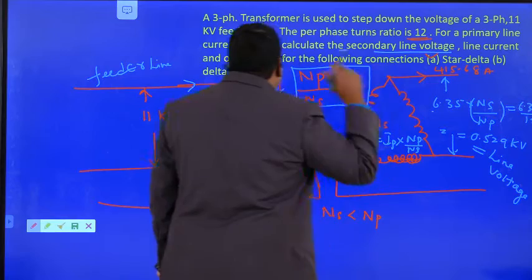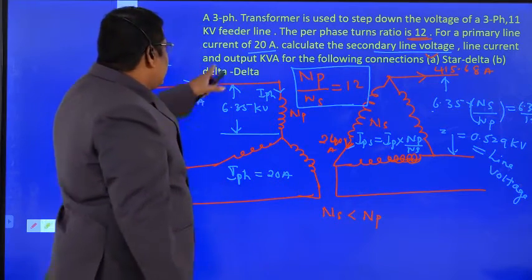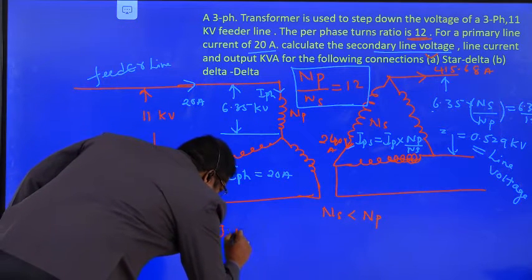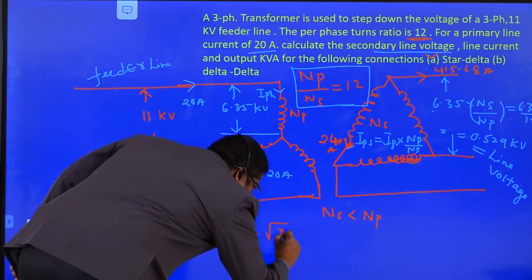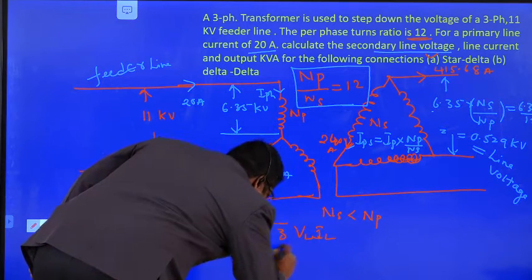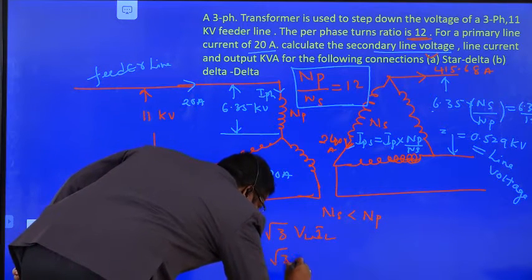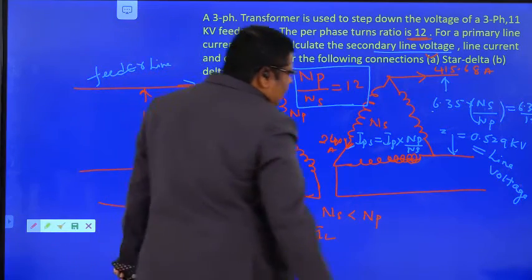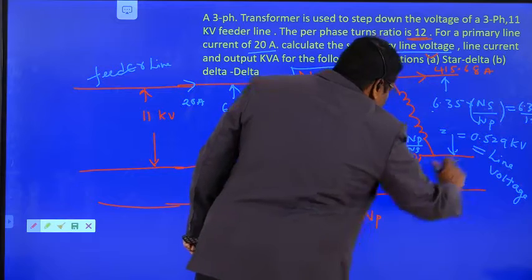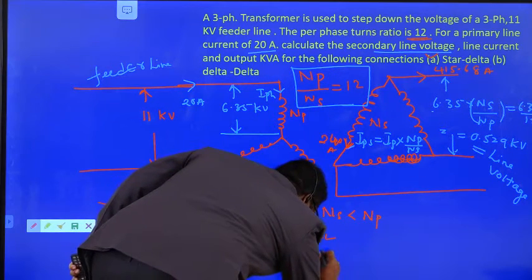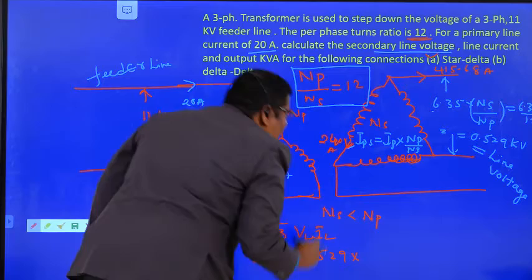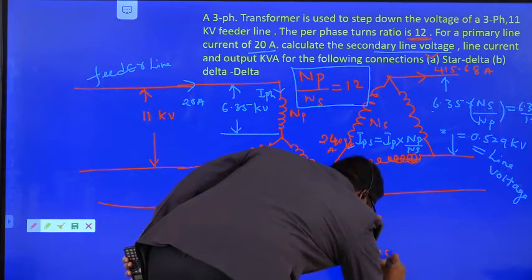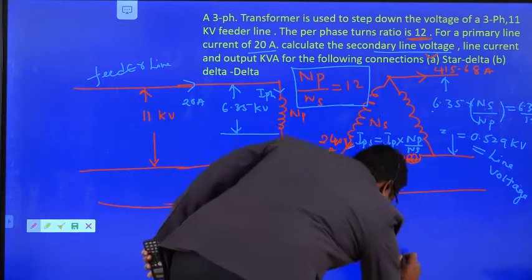In the first case, one more parameter we have to calculate, that is the output kVA of a transformer. Already we know that the output kVA of a transformer is equal to root 3 VL IL. So this is equal to root 3 into the VL value we already know, 0.529, into IL, 415.68.